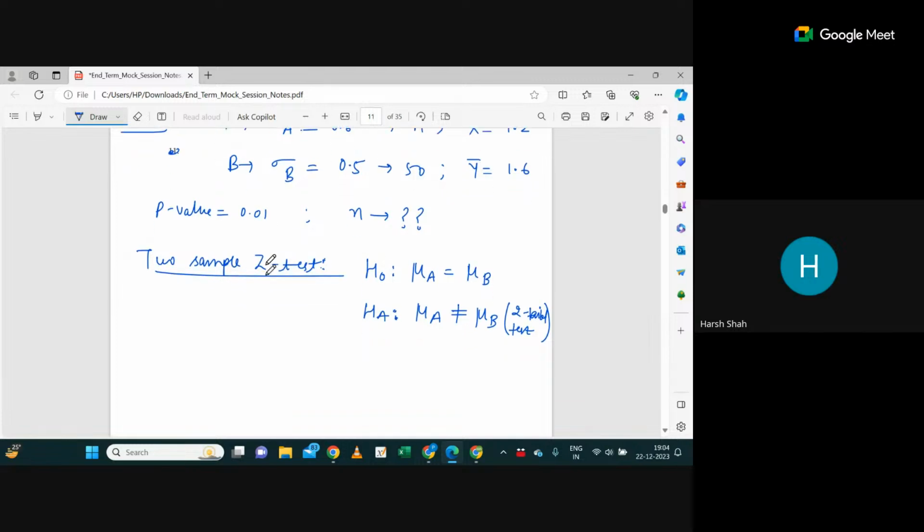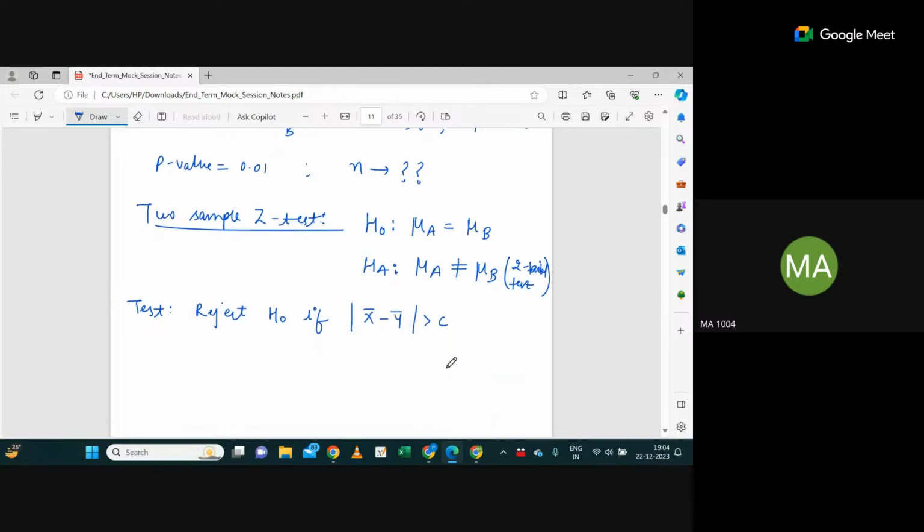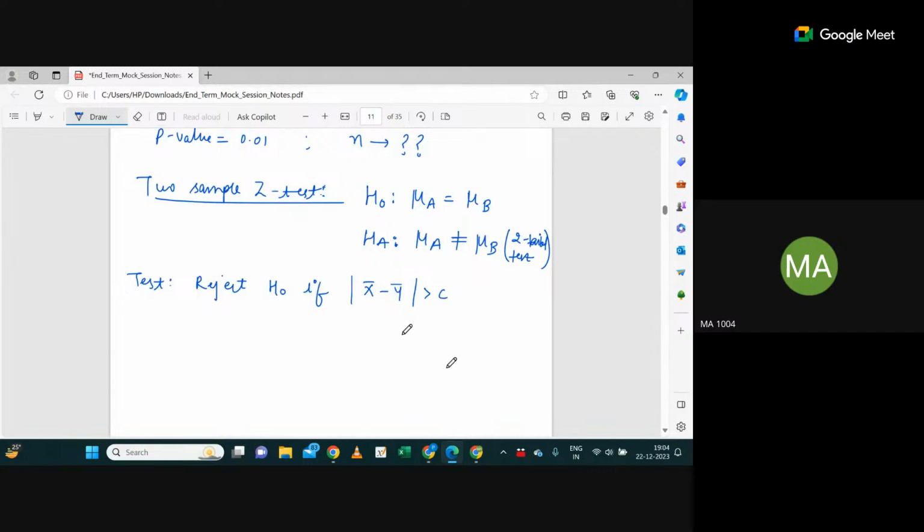If it is a two-tailed test, when will you reject your H0? I will reject H0 if the modulus of y bar minus x bar, or x bar minus y bar, both are correct, is greater than some C. Now, if x follows normal with mean mu and variance sigma square, then what is the distribution of x bar?